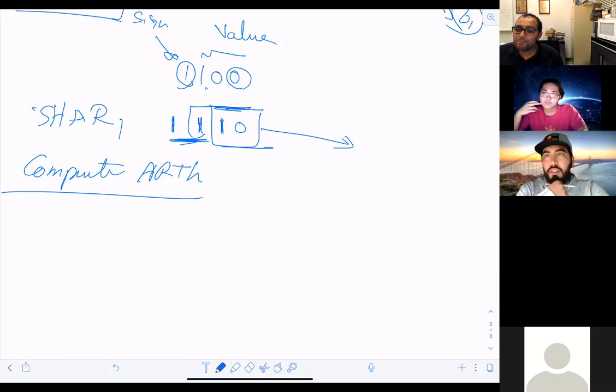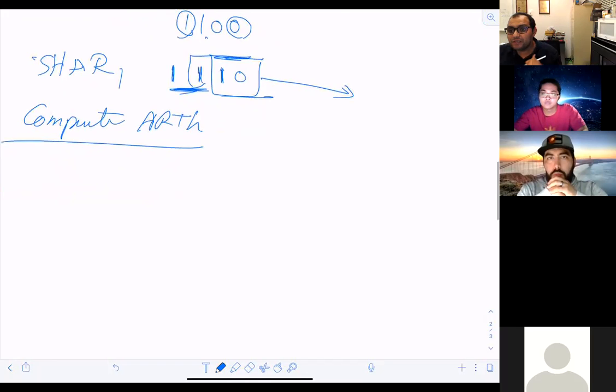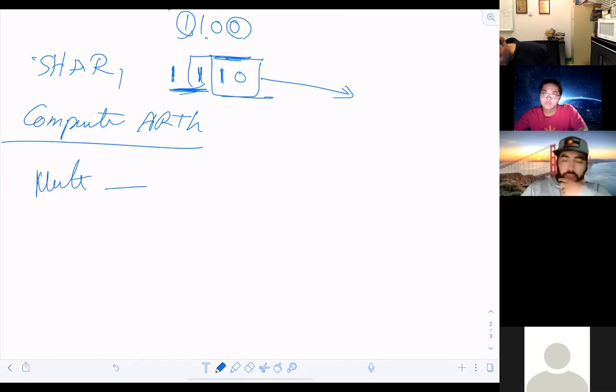I think Jamal had the same question I had. So what is the application of this computer arithmetic? Division. When you divide, you shift left and shift right for adding and subtracting. You know multiplication, right? Multiplication is add and shift.